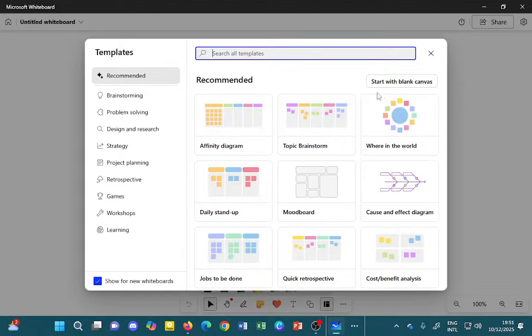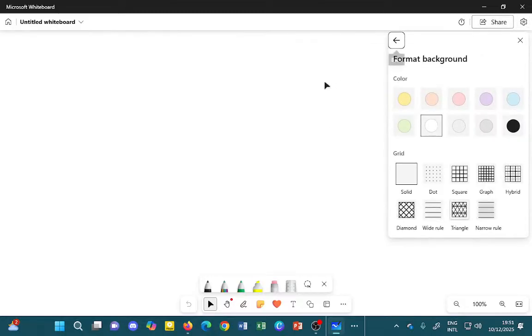I think I should start with blank. I need some change on the background, like that. That's better for me.